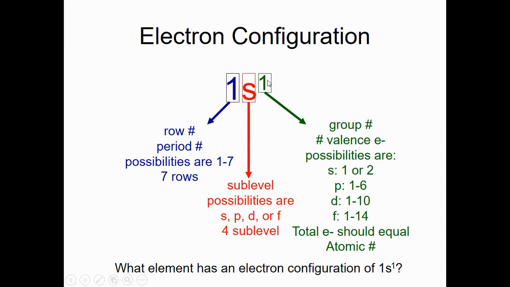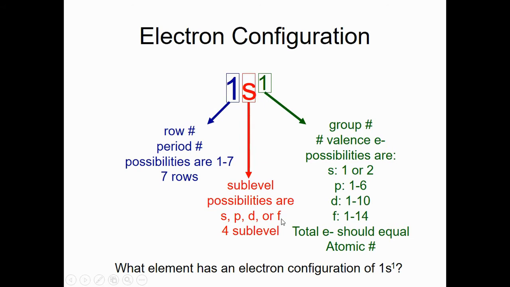If you look on your periodic table, the element that is on the first energy level, in an s orbital, with only 1 electron, is hydrogen. If you were to do the electron configuration for helium, helium has 2 electrons. So here it would be 1s and then a 2, because helium has 2 electrons.